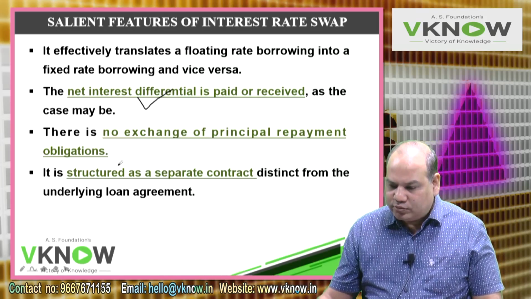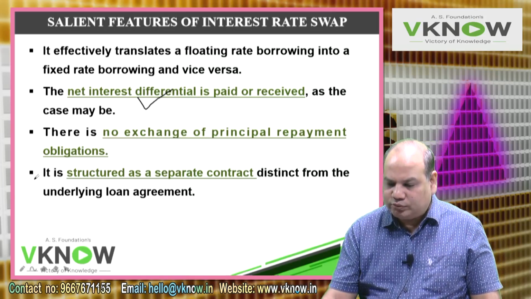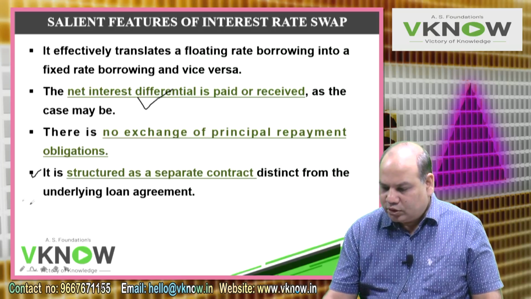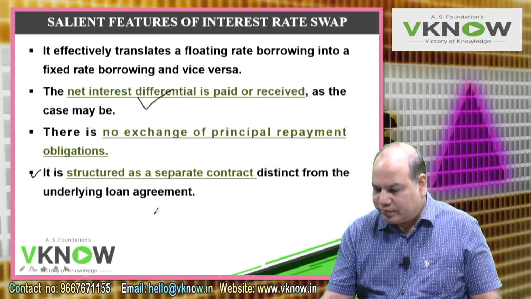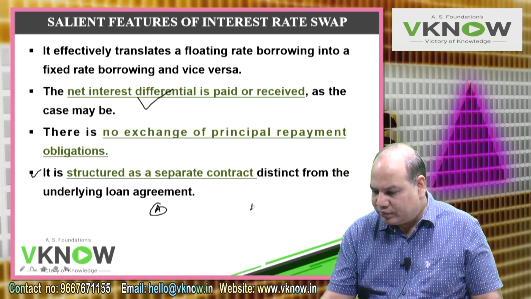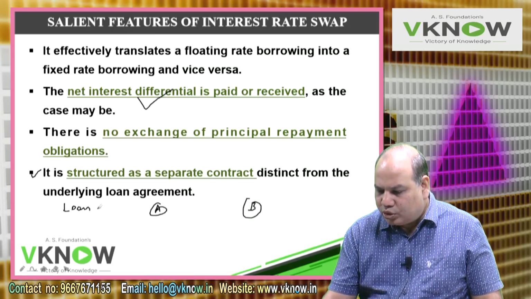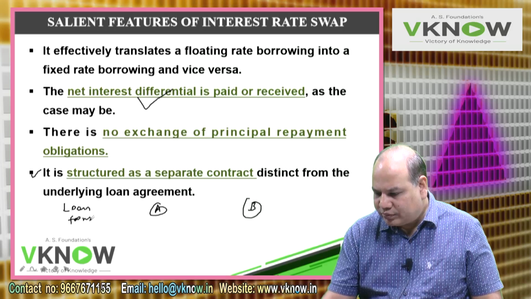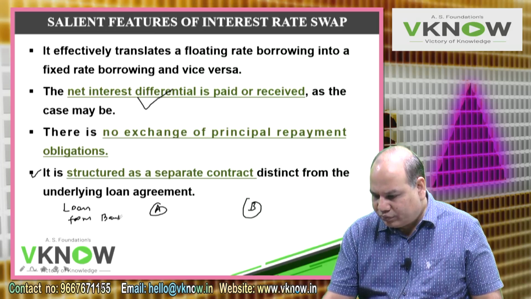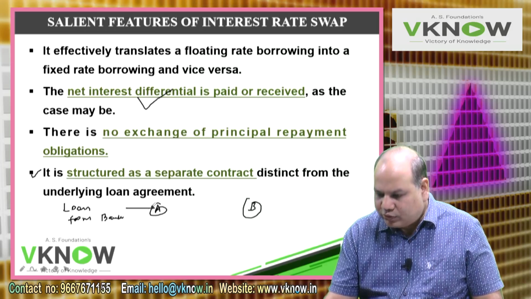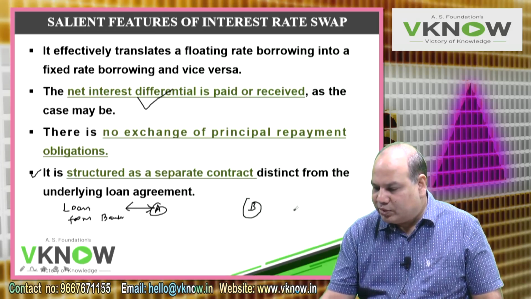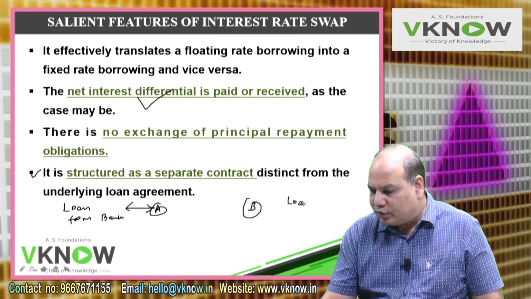Point number 4, understand this also. These are two parties, A and B. A has borrowed a loan from the bank. So this is one contract with the bank. Similarly, B has taken a loan from the bank.